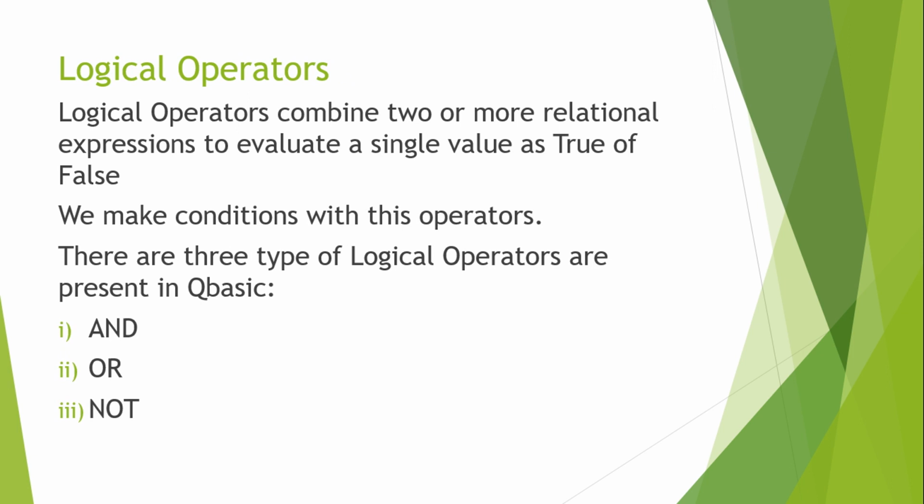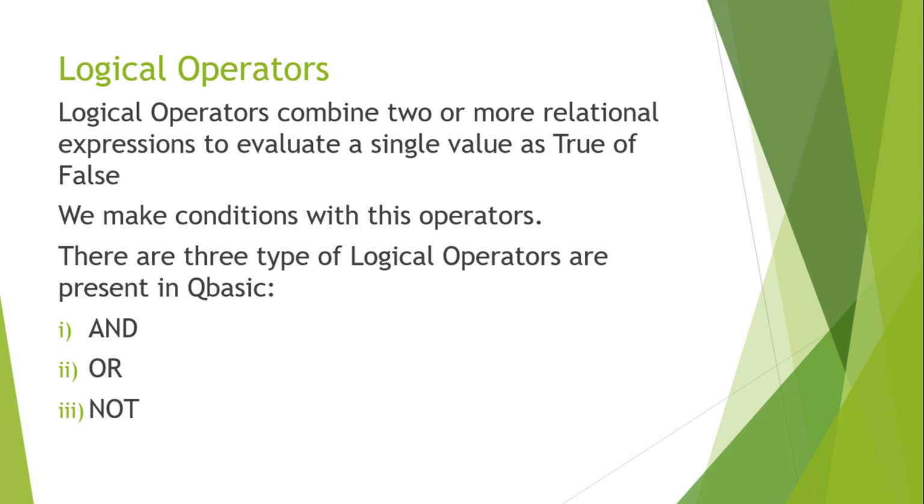The next one is logical operators. Logical operators combine two or more relational expressions to evaluate a single value as true or false. We make conditions with these operators. By the name, logic will always give you an answer in true or false, yes or no. You already know the computer understands 0 and 1. 0 means false, 1 is true.